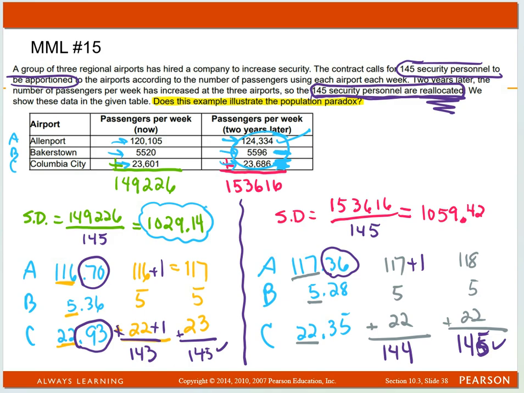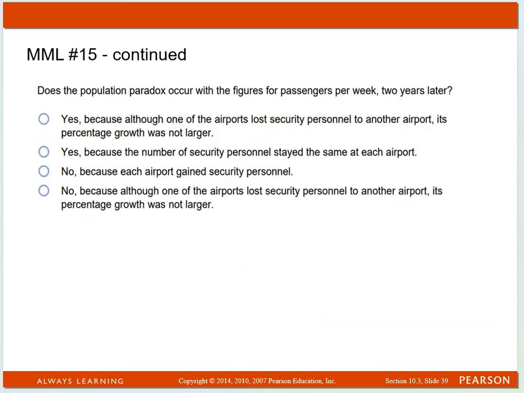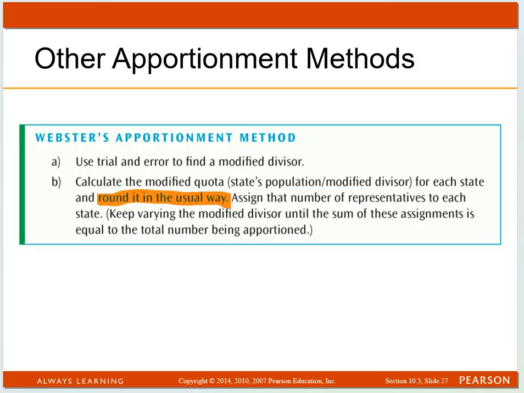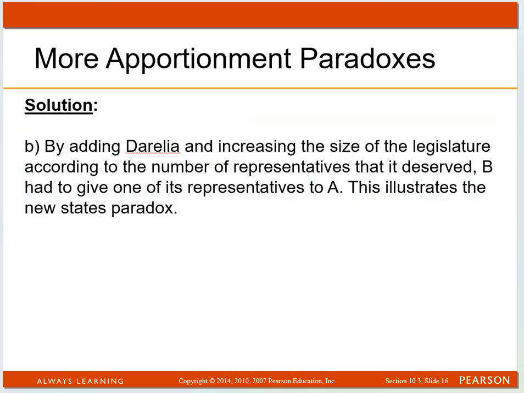Okay, next slide takes me to their question: does the population paradox occur with the figures for passengers per week 2 years later? Your choices are yes, yes, no, and no. Let's go back to what the population paradox says.